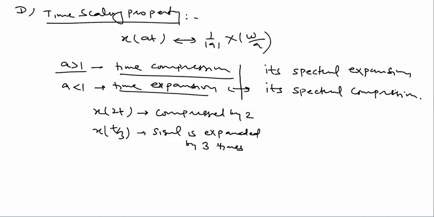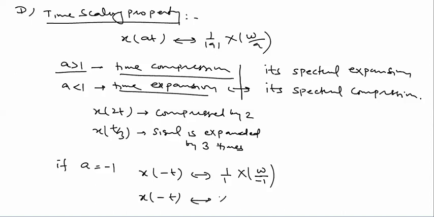Just the reverse. A specific case of the time scaling property is a equals minus 1, then 1 upon mod of minus 1, X of omega upon minus 1, which results in X of minus omega.